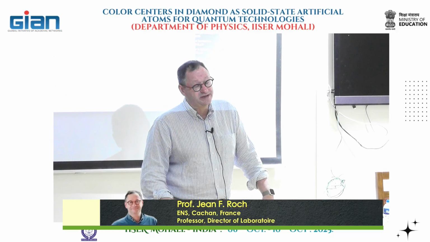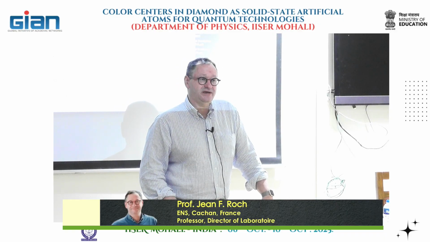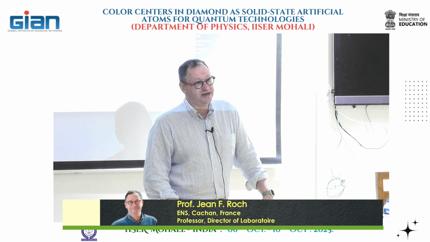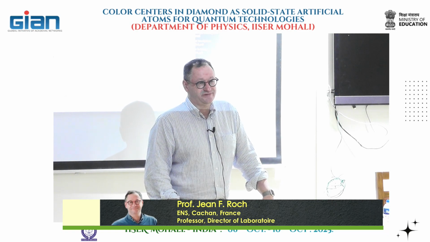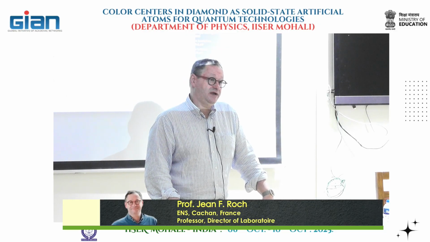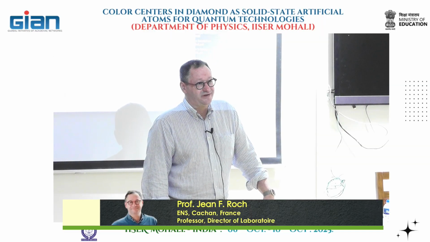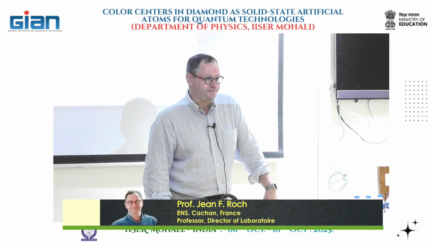There's one company founded in Australia, with a subsidiary company in Germany, called Quantum Brilliance, that is really trying to develop this approach. There's another company also in Germany, and I think up to now they have succeeded in having a few NV centers coupled, but this remains very challenging.